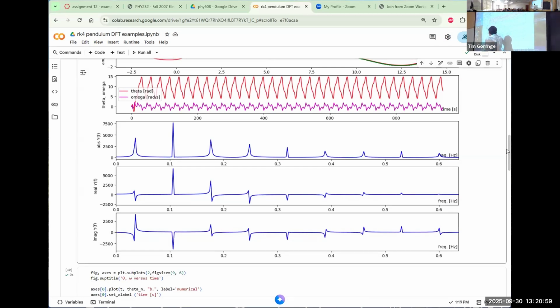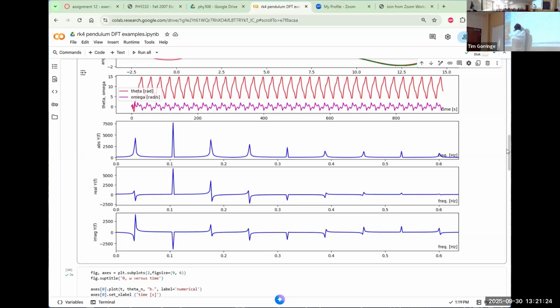Again, we see the driving frequency, that's at 0.11. We see harmonics of the driving frequency. This is 0.33, so this is a harmonic of the driving frequency. I think this one is too. But we see other frequencies too.